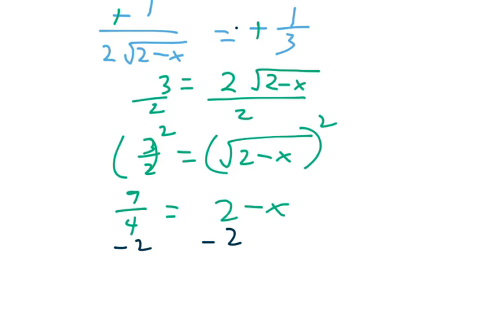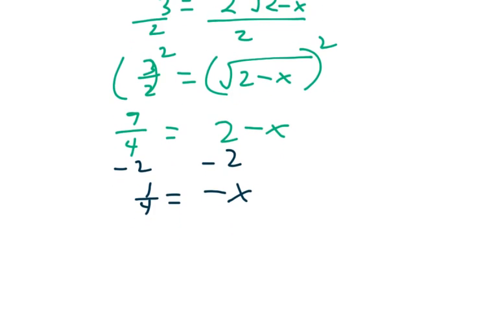Subtract 2 on both sides, 1/4 equals -x, which means x is equal to -1/4, and that is the answer for my mean value theorem application.